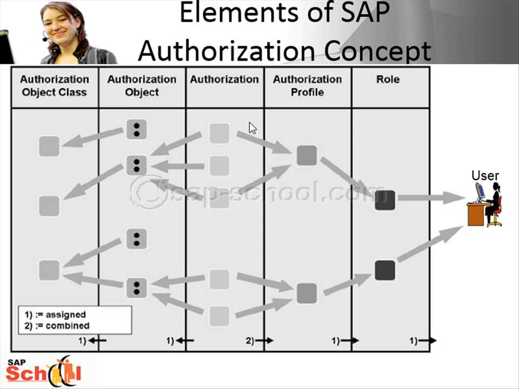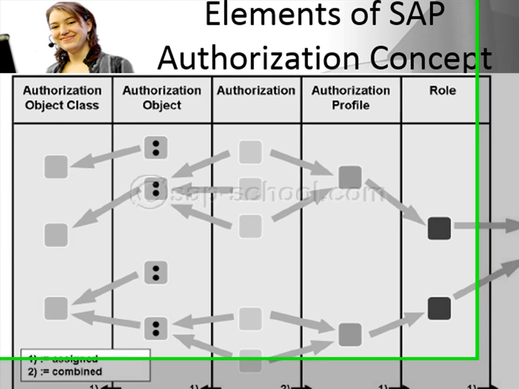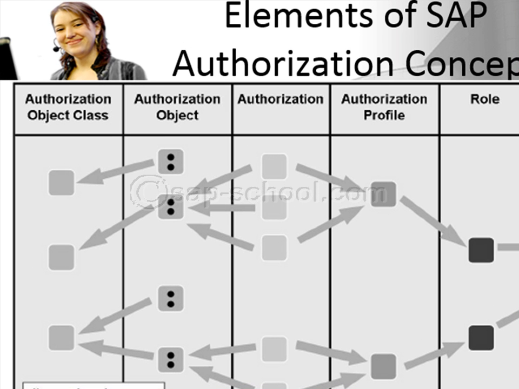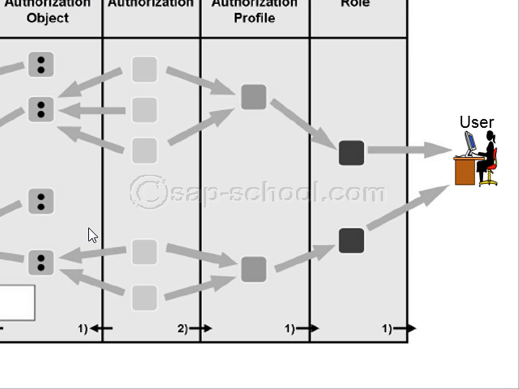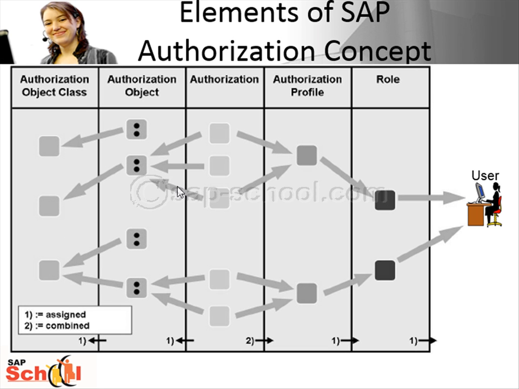These fields are then checked simultaneously. For example, for the vendor application authorization, there might be 20 fields involved and they are all checked at the same time in the system. An authorization field is the smallest unit against which a check runs.